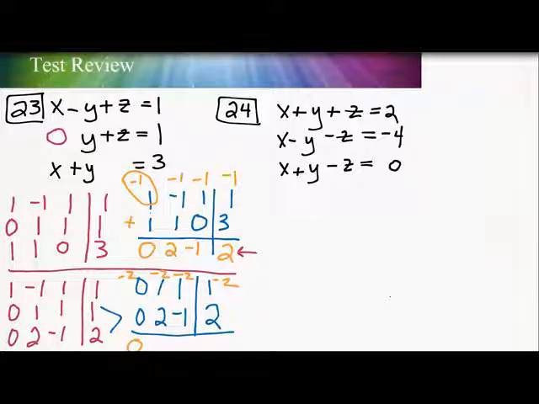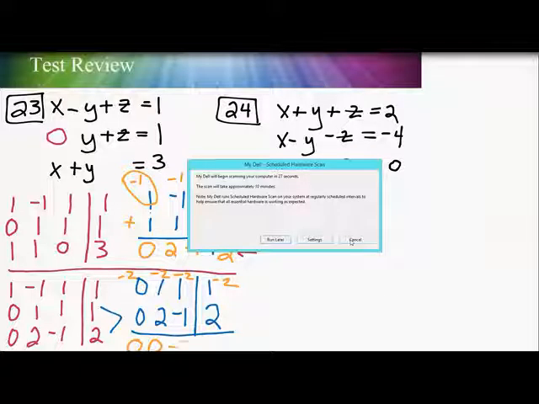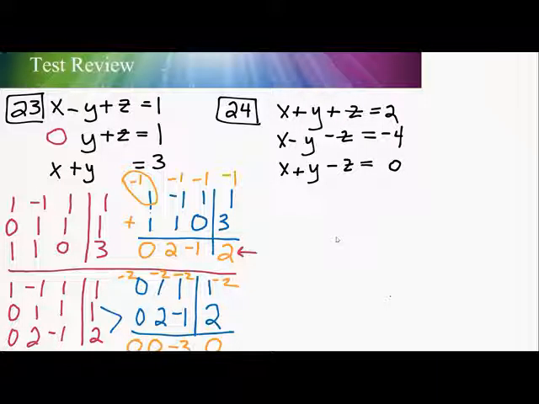What's nice is that the -2 is going to make 0 in the first, 0 in the second, and a -3 in the third, and then a 0 in the fourth. So now I've got a new row, 0, 0, -3, 0.